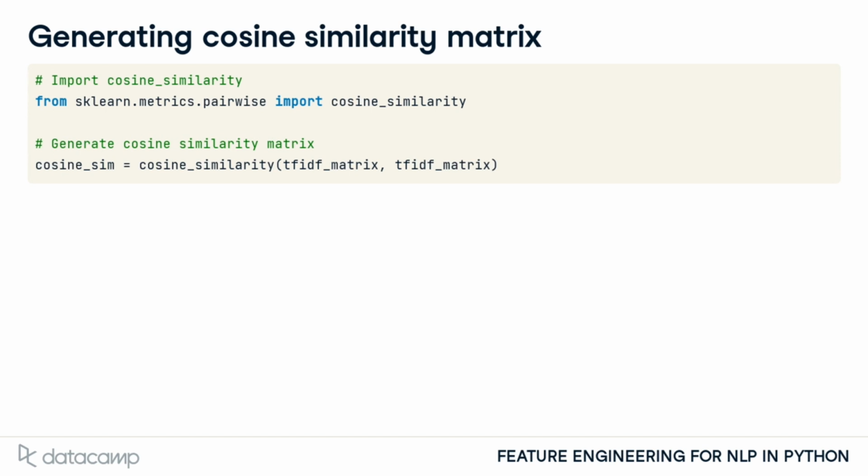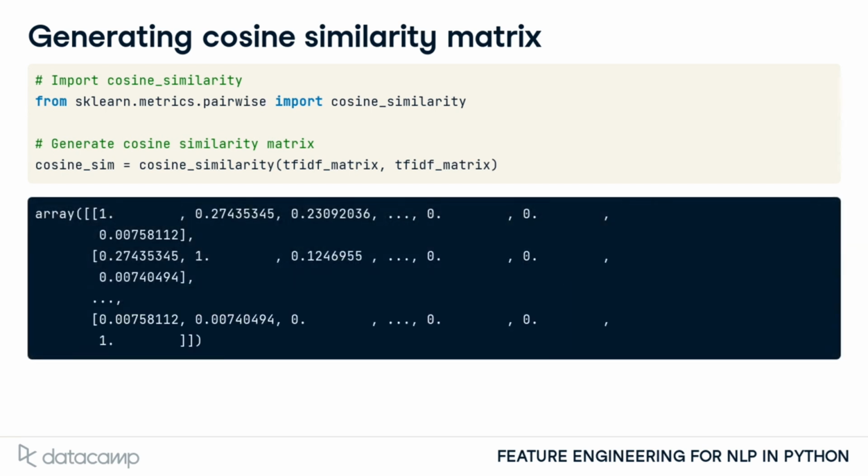This generates a matrix that contains the pairwise similarity score of every movie with every other movie. The value corresponding to the ith row and the jth column is the cosine similarity score of movie i with movie j. Notice that the diagonal elements of this matrix are 1. This is because, as stated earlier, the cosine similarity score of movie k with itself is 1.